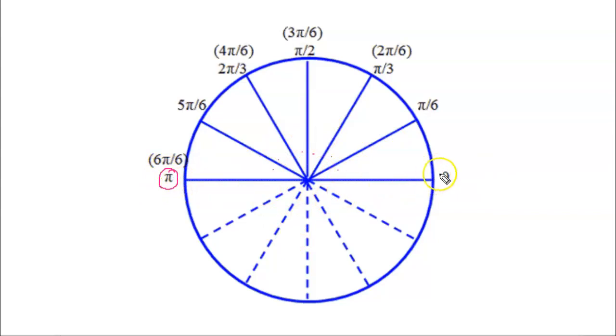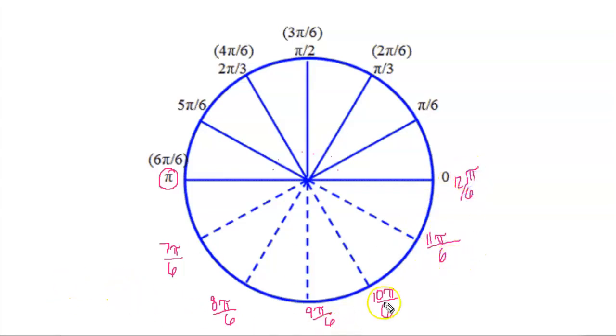So I can continue counting. 1/6, 2/6, 3/6, 4/6, 5/6, 6/6. That would make this one 7/6. This one would be 8/6, 9/6, 10/6, 11/6, and back to 12/6.